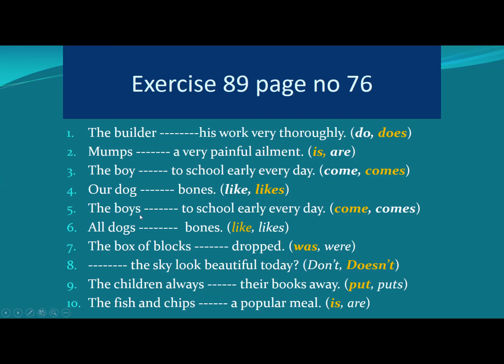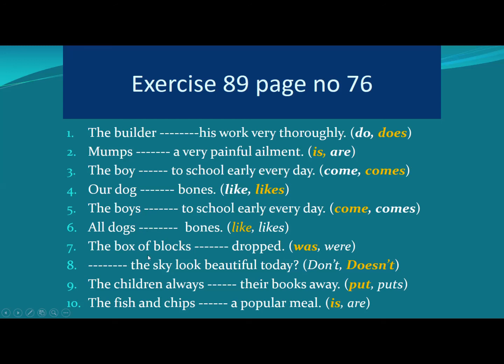Here the subject is plural, so we will not use comes, but come. Number 6: all dogs like bones. Over here the subject is plural, so we will use like.